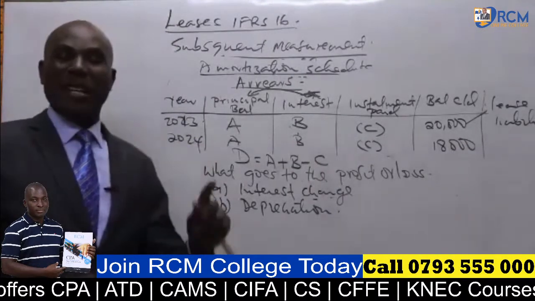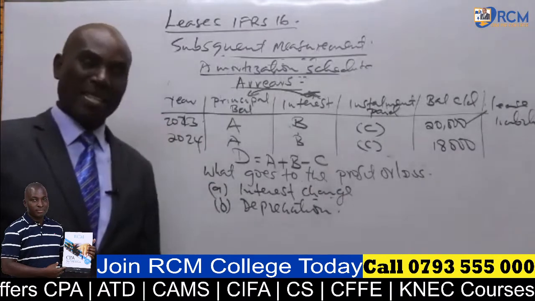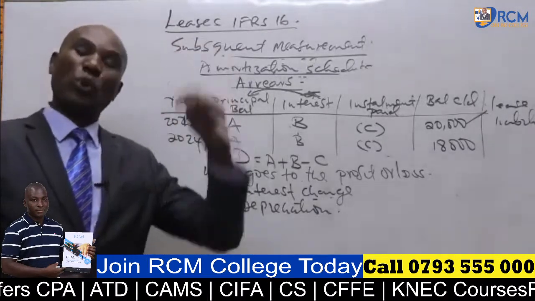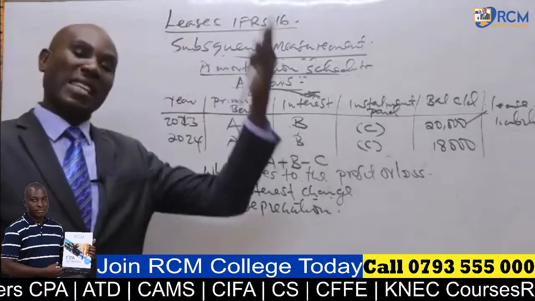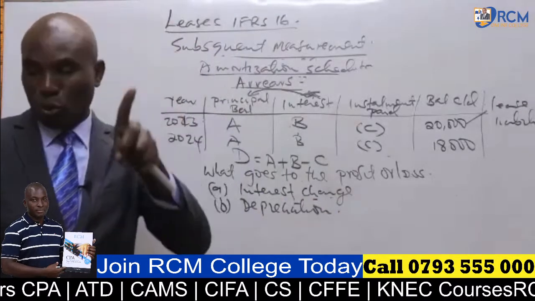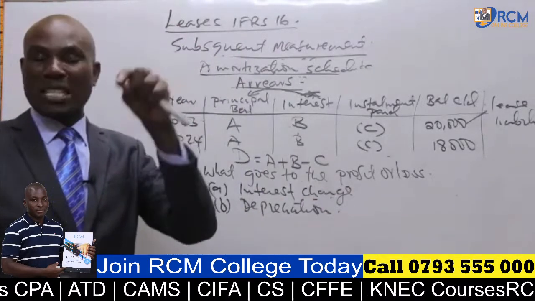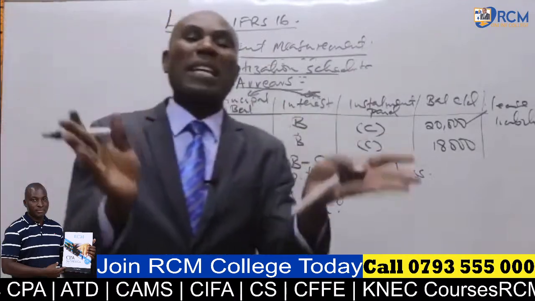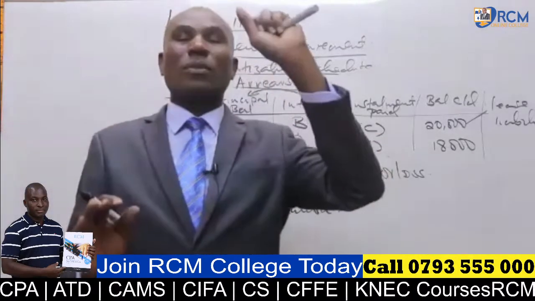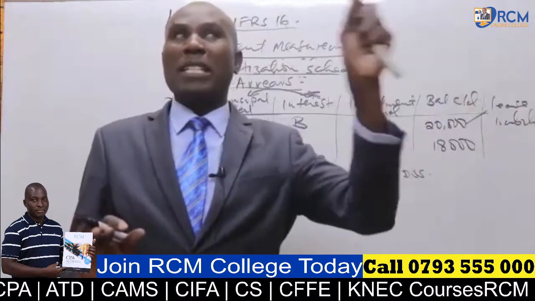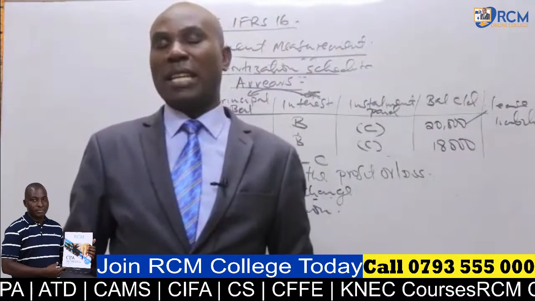Therefore, if payments are made in arrears, you have to prepare for two years, even if the examiner wanted only year one, you add year two. What is the purpose? It is to separate between the long-term and the short-term liability in the lease.